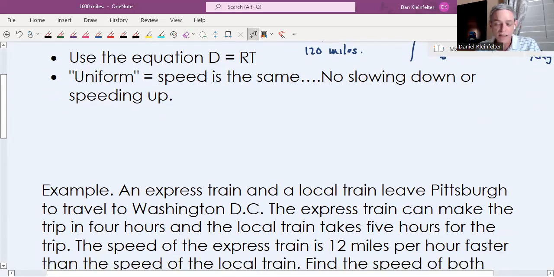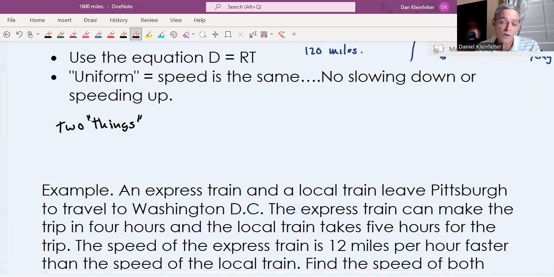Also, within the uniform motion problems, there are almost always two things. By things, those could be people who are walking or running or bicycling, cars, airplanes, trains, or boats doing something. The two boats, planes, trains, cars, people, whatever, could be moving toward each other.